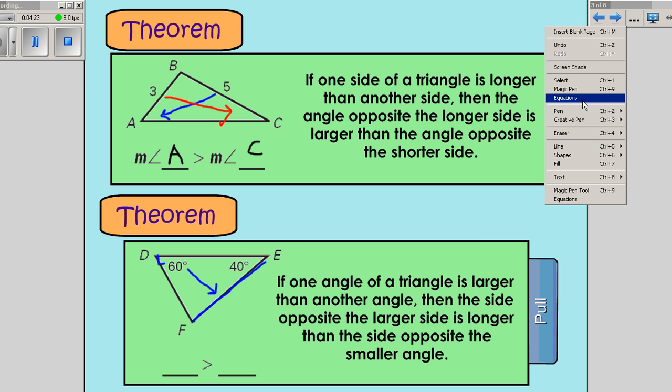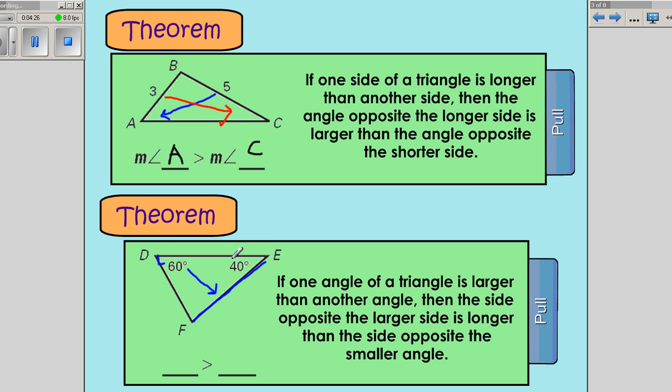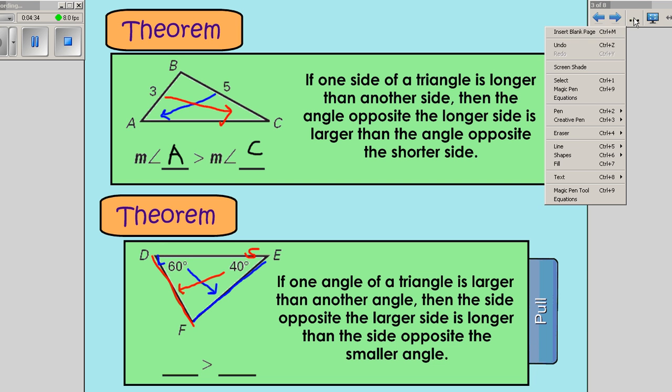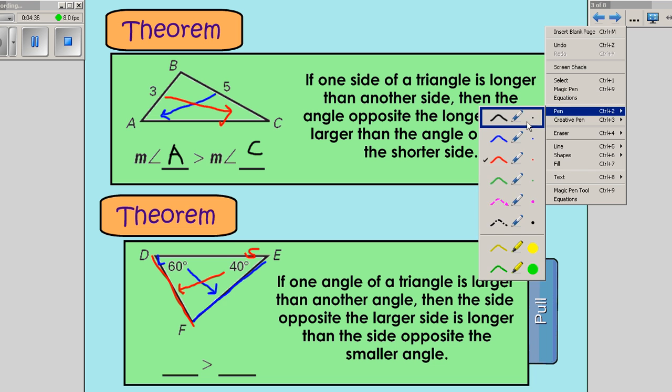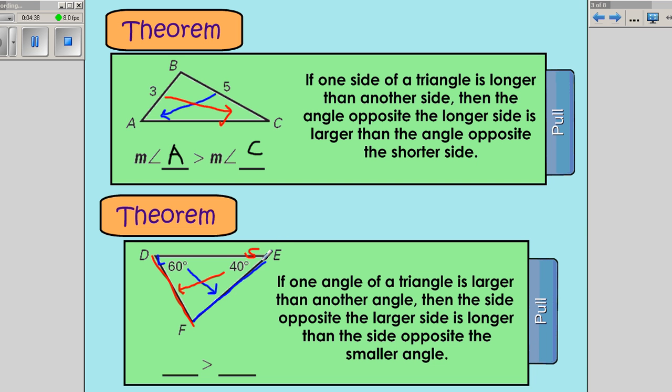And we also have this angle measurement here, we will call it the smaller angle, that's 40 degrees, and that's across from side DF. So if we wanted to compare the measure of the two sides, we can say that the larger or longer side is going to be side EF, and the shorter side is going to be DF. So we can say that EF is greater than DF based off of these two theorems.